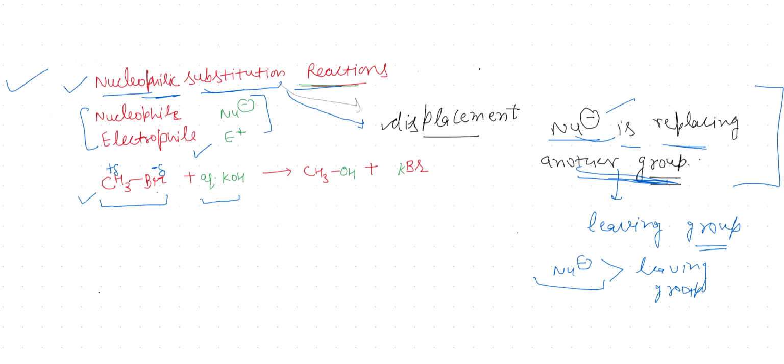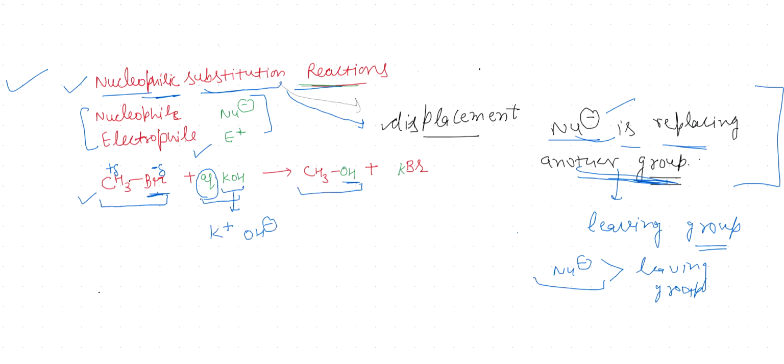KOH, we are using the term aqueous here. Aqueous means it is made in water, so here it is present in the form of ions, K positive and OH negative. So you can see on the product side what is happening. The bromine group is replaced by the OH group. So this is a kind of nucleophilic substitution reaction.